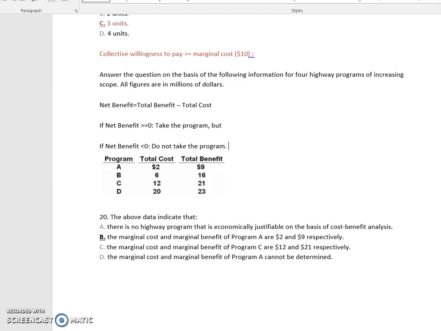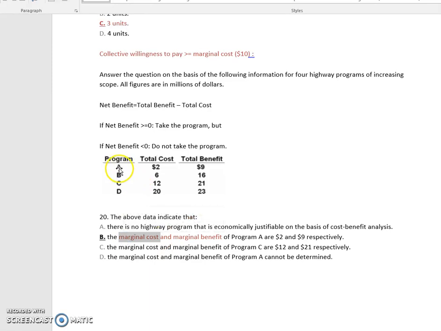Now let us see what is happening. Why is B the correct answer? Because the marginal cost and marginal benefit of program A are 2 and 9 respectively. Now let us talk about marginal benefit and marginal cost. What are they? How do we measure them? Marginal cost is the change in total cost when we take that project.